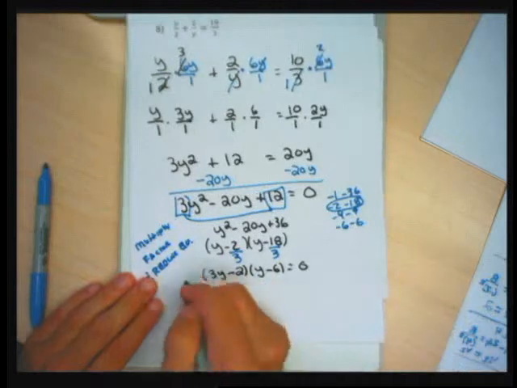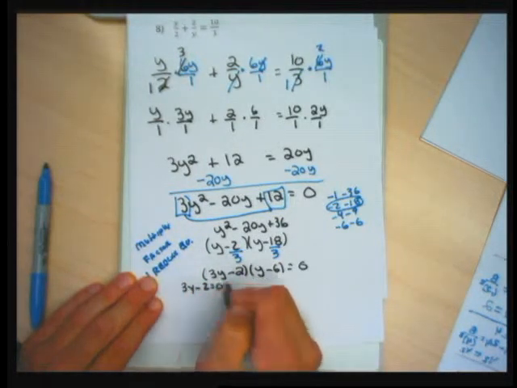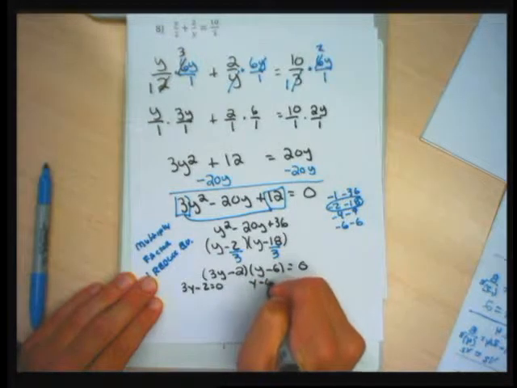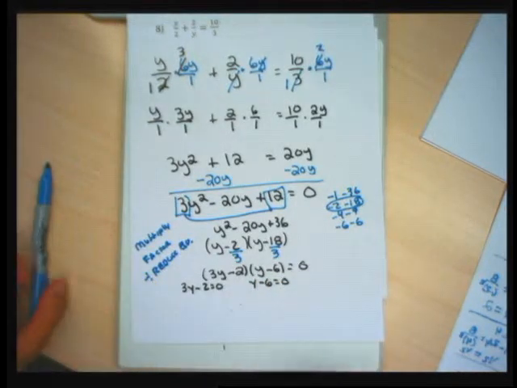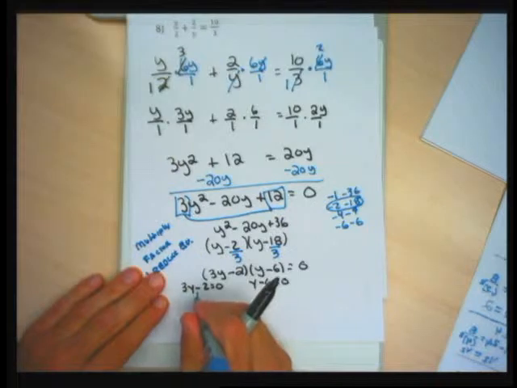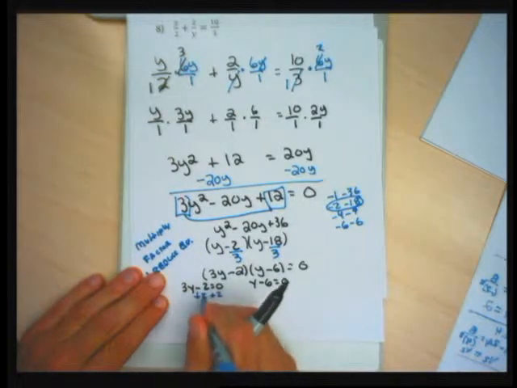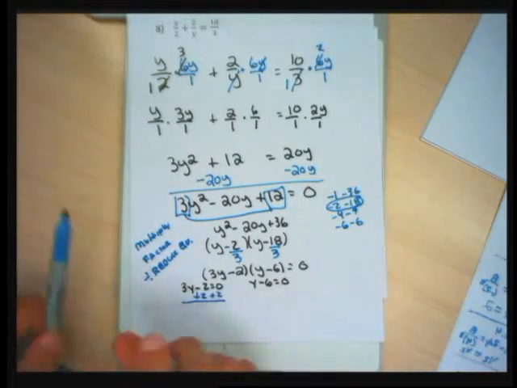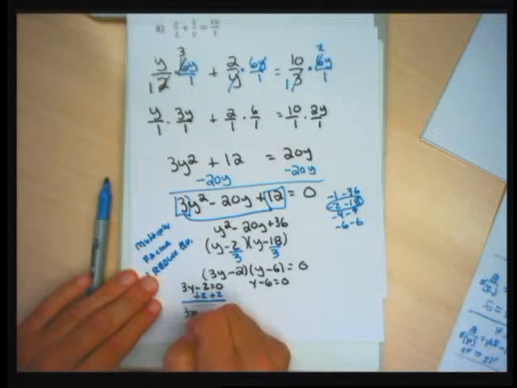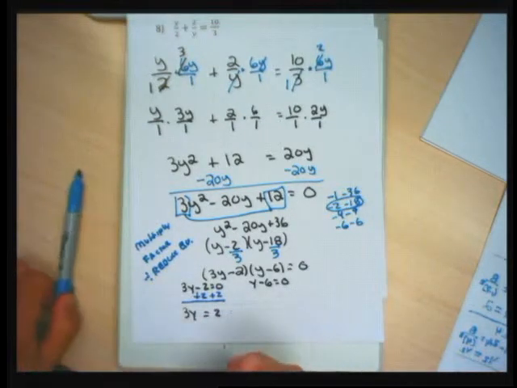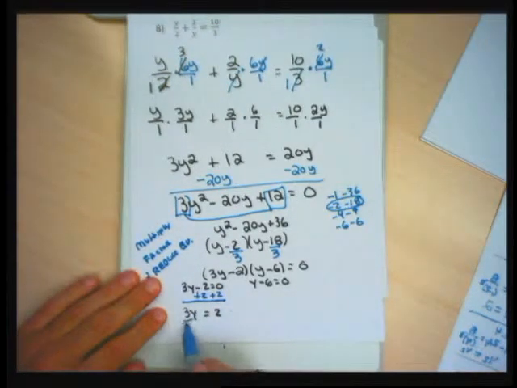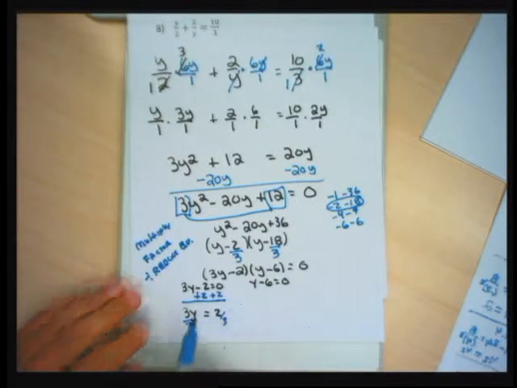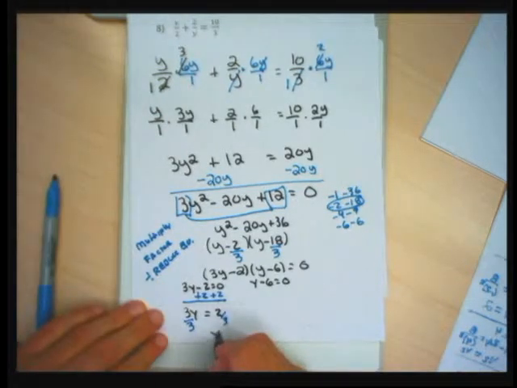I'm going to take each factor and set it equal to 0 now. I'm going to go 3y minus 2 equal to 0 and y minus 6 equal to 0. The 3y minus 2 is going to take me 2 steps to get the value of y, and it's going to be a fraction. So this is going to give me 3y equals 2, and when I divide by 3, I get y equal to 2/3 for one of the answers that I hope checks.